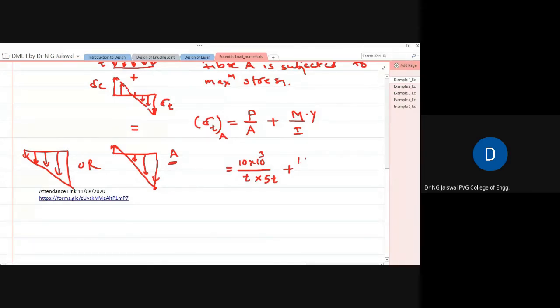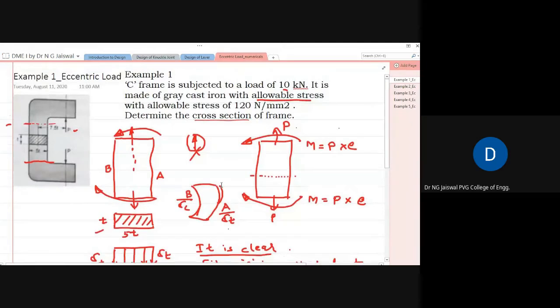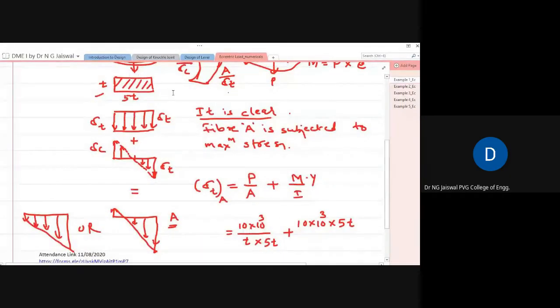Force is again 10 into 10 to the power 3, which becomes Newton. This is force into E. E is eccentricity, and that is given as 5T. If you see the figure again, sorry, 7.5T, not 5T. This distance is from the centroid to the point of action or line of action. This is given as 7.5T.